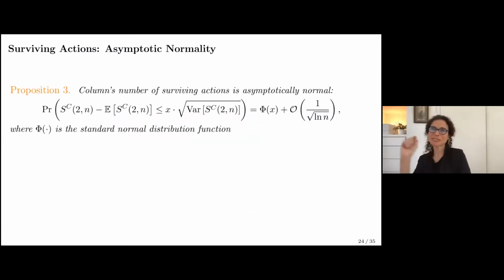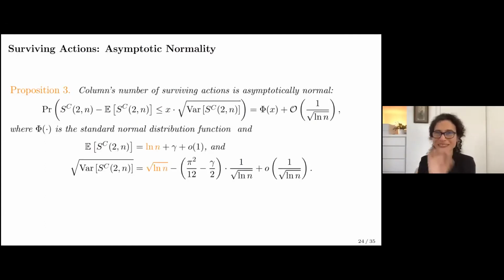All right, so here's the proposition. As it turns out, column's number of surviving actions is asymptotically normal. And in fact, I know this is kind of a heavy proposition. What you should really focus on is what's in orange here. So the expected number of surviving actions, as well as the variance of surviving actions, behaves like log n. So that's really a silver lining to our results, because it suggests a very small fraction of surviving actions for column.